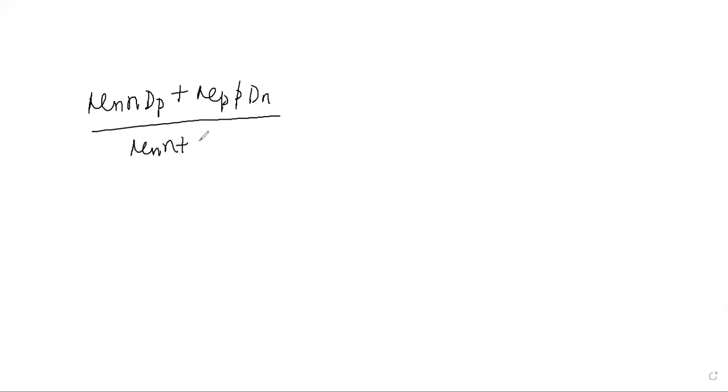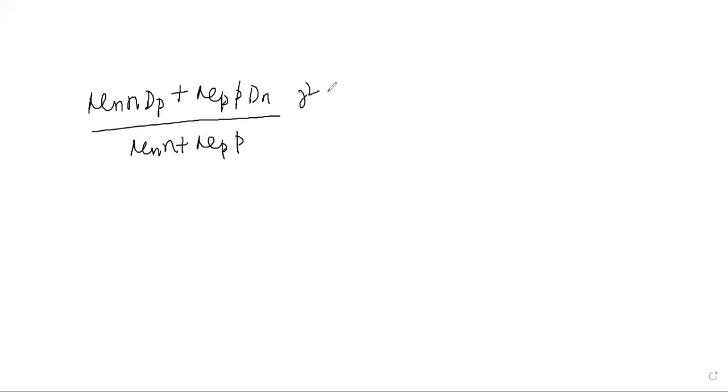Okay, so it can be written as μn Dp, the first term was this, μp Dn. We divided this first term with μn plus μp.